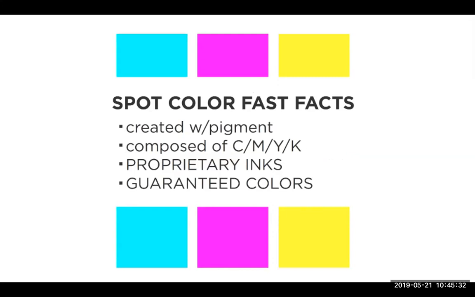Okay, so here's where it gets just a little confusing, but hopefully it will still make sense. Spot colors are created with pigment. So it is an ink. It is a physical medium. And because of that, it is in theory a CMYK color. However, it's a proprietary ink. It's a proprietary recipe, and it's a guaranteed color.